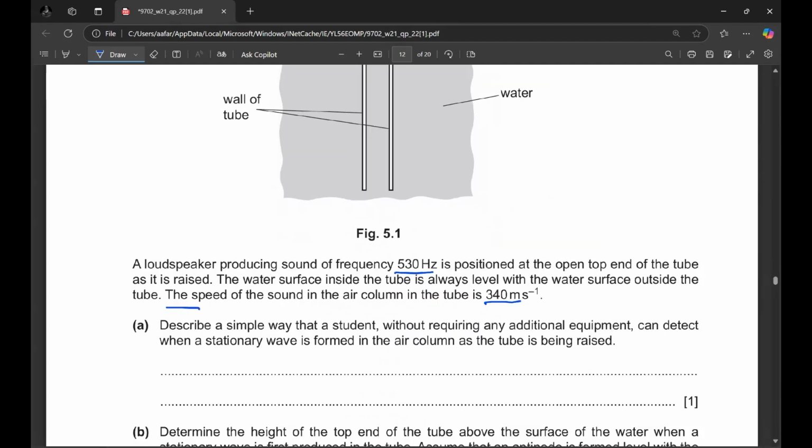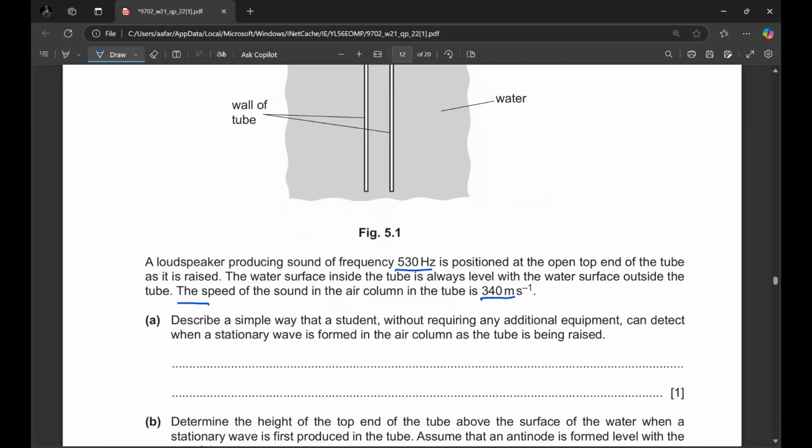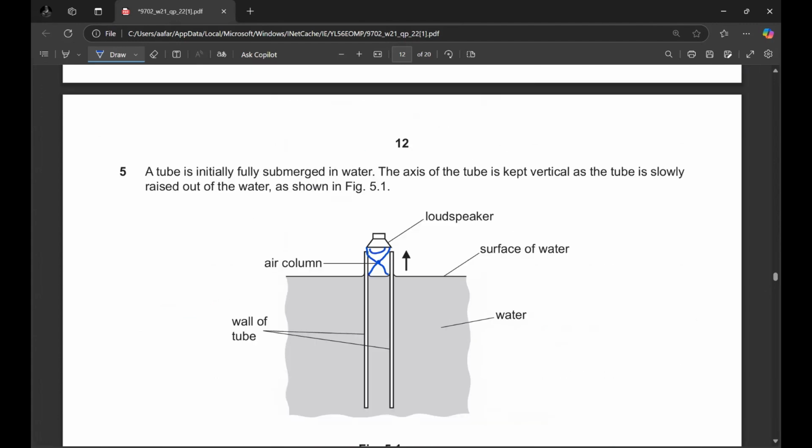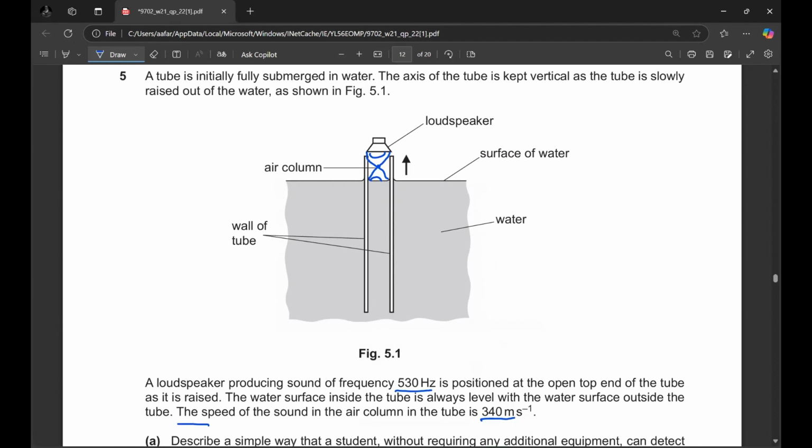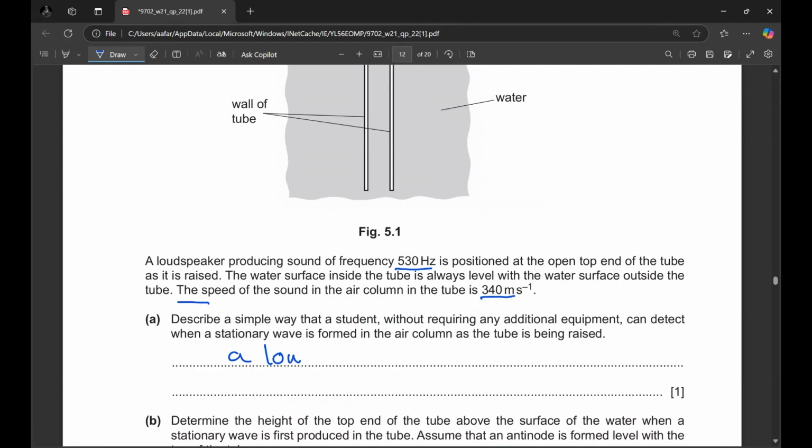When a stationary wave forms, the sound wave coming from here is reflected from the surface of the water, and the waves superimpose and interfere to form a stationary wave. So the displacements are added, right? The amplitude, the loudness of the sound, will be increased, so a louder sound will be heard.